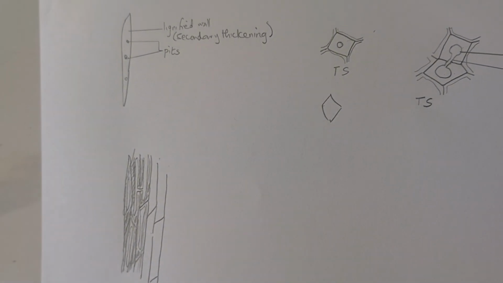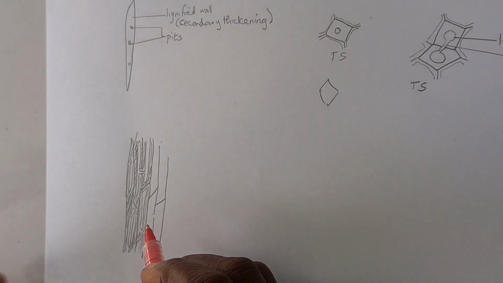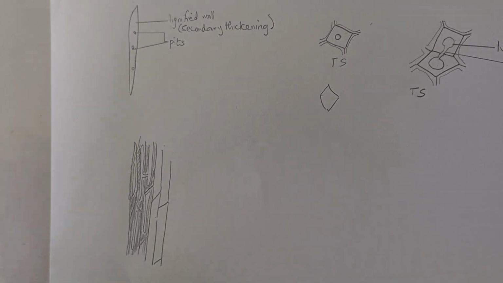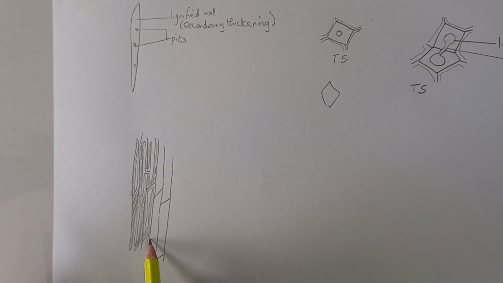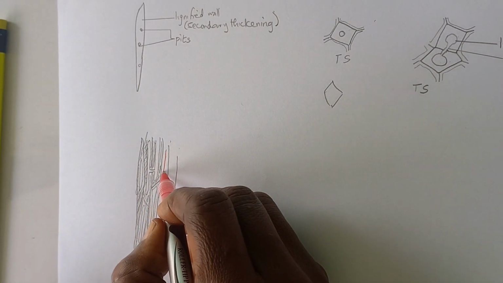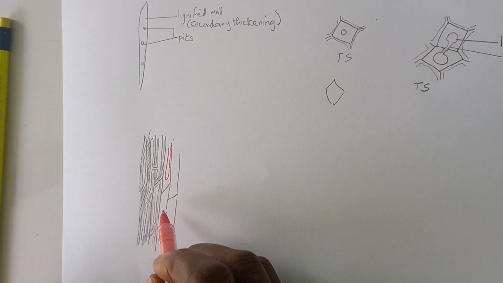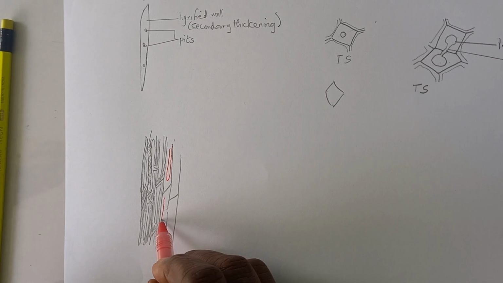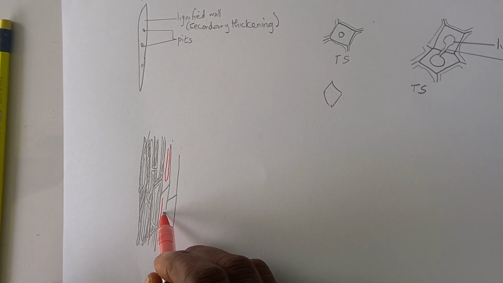So to make it very clear, I want to use this color to show the lumen and the pit. So we have our lumen here, we have our lumen here, and there's a pit.